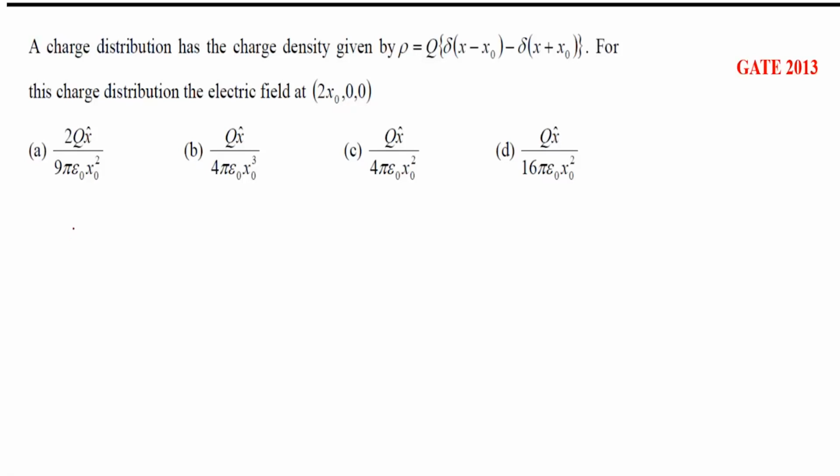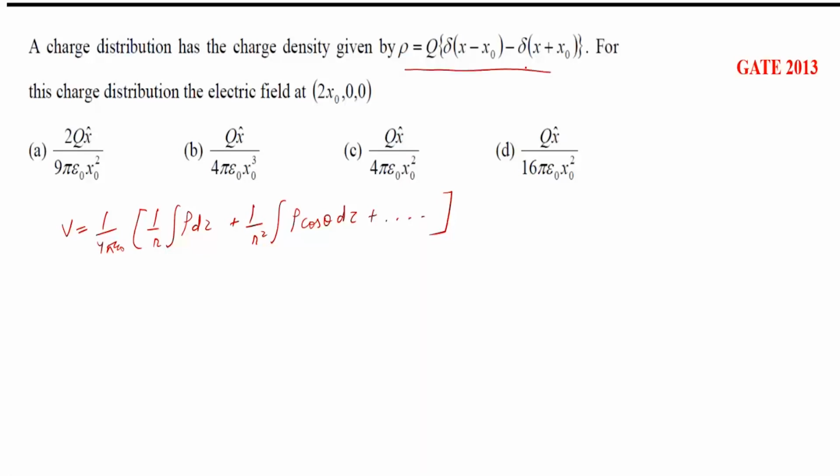So if you want to go for electric potential, you use that formula, 1 by 4 pi epsilon naught integration of (1 by r) rho d tau plus (1 by r squared) rho cos theta d tau and so on. Now see, you should be happy that rho is a Dirac delta function.